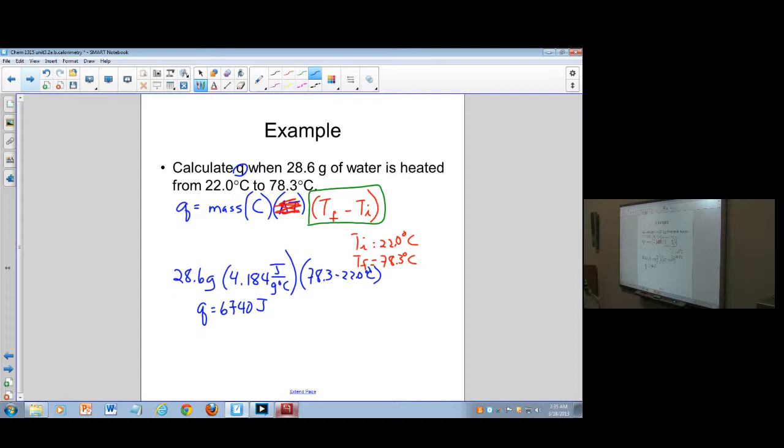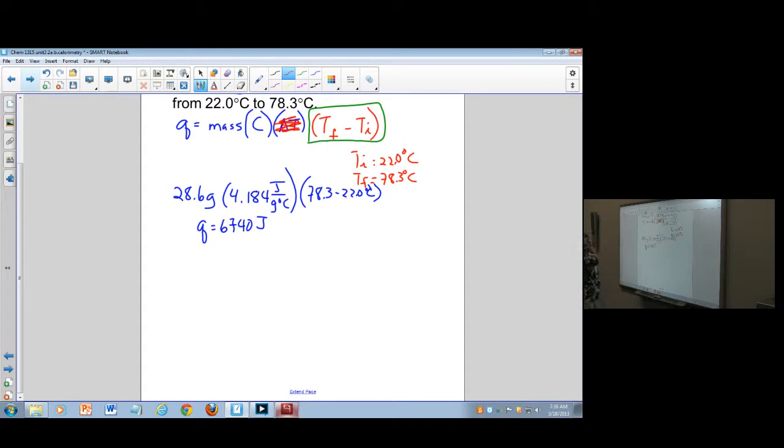Let me just assume for one minute that instead of starting at 22 and ending at 78.3, I do the other way around. I start at 78.3 and I end at 22. So my temperature initial is 78.3 degrees Celsius, and my temperature final is 22.0 degrees Celsius.